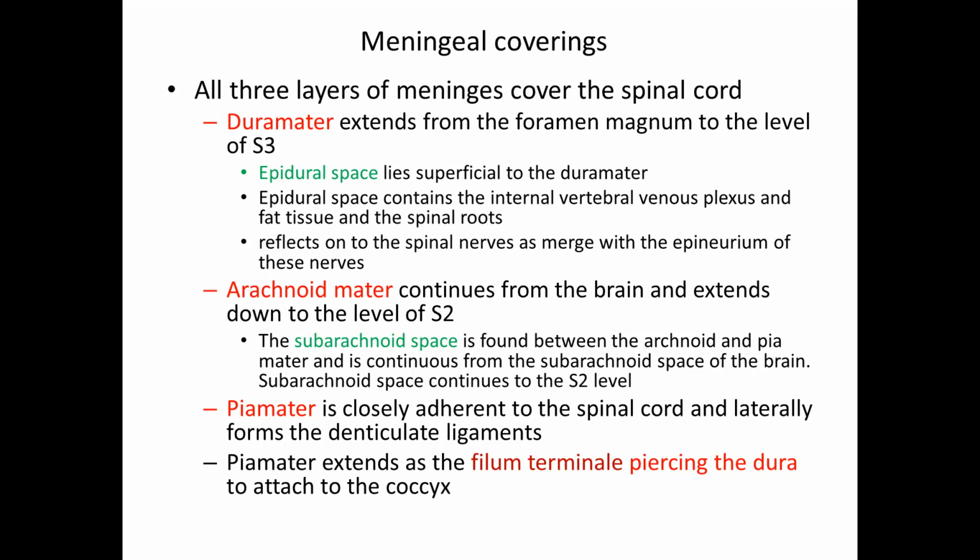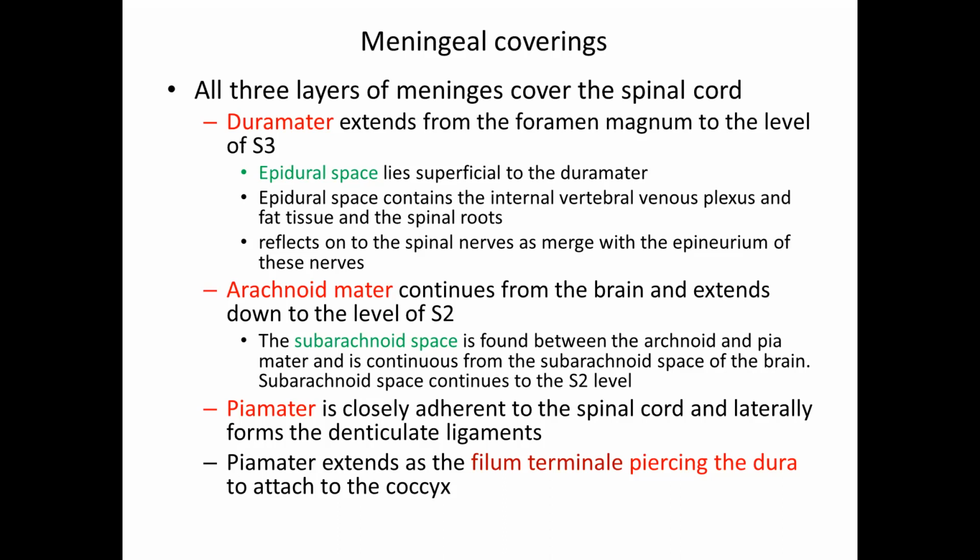So dura mater extends way down, right? And then considering the arachnoid mater, it continues from the brain and then extends down up to S2 level, right? So that means it stops a little before the dura mater, all right?